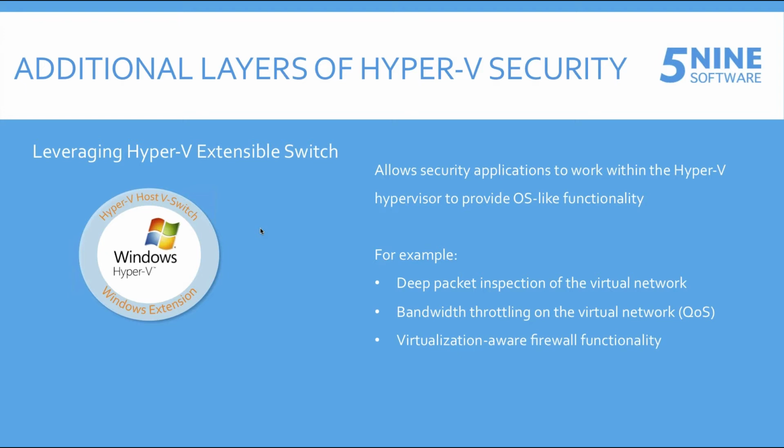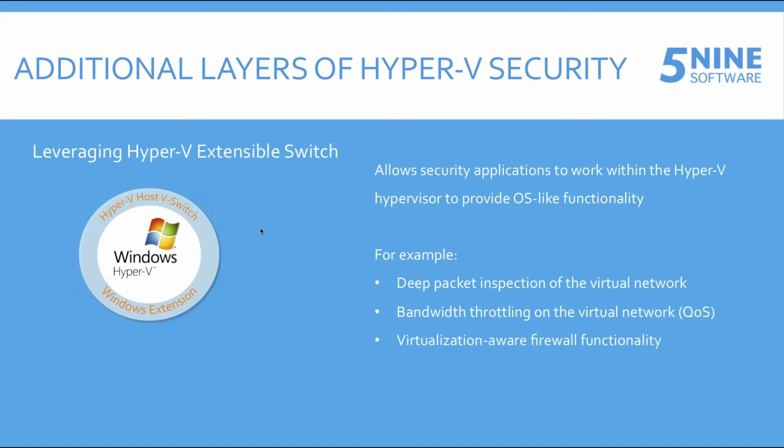It can see all the traffic traversing across the virtual network. It can do deep packet inspection, stateful firewall. It can throttle the traffic, so slow it down. It can block traffic, allow traffic, log the traffic. It can have essentially full access to the virtual network.